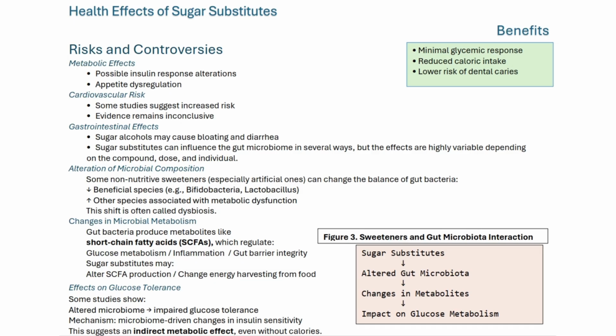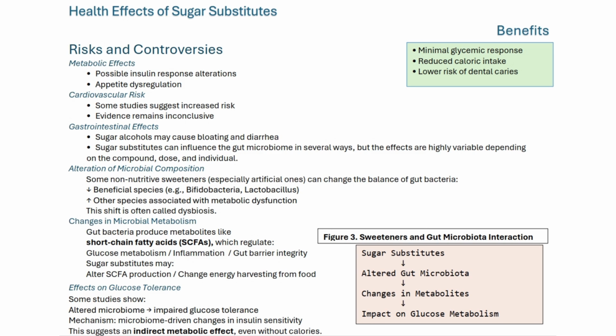The health effects of sugar substitutes encompass a range of benefits and risks, particularly concerning metabolic and gastrointestinal impacts. Notable benefits are the potential for sugar substitutes to aid in reducing caloric intake, minimal glycemic response, and lower risk of dental caries. However, their metabolic effects can be complex.